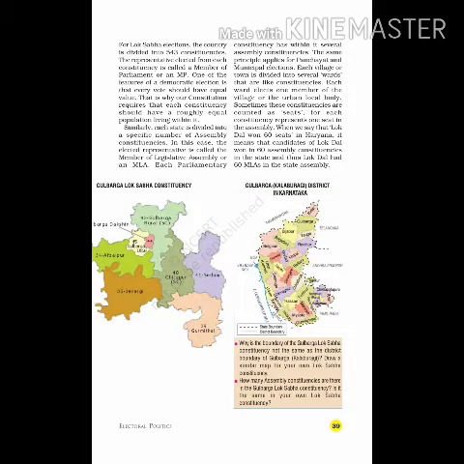The representative elected from each constituency is called a Member of Parliament or an MP. Each state is divided into a specific number of assembly constituencies. In this case, the elected representative is called the Member of Legislative Assembly or an MLA. Each parliamentary constituency has within it several assembly constituencies.